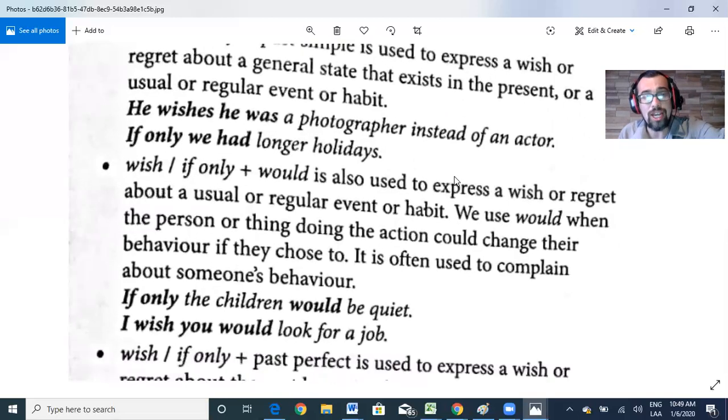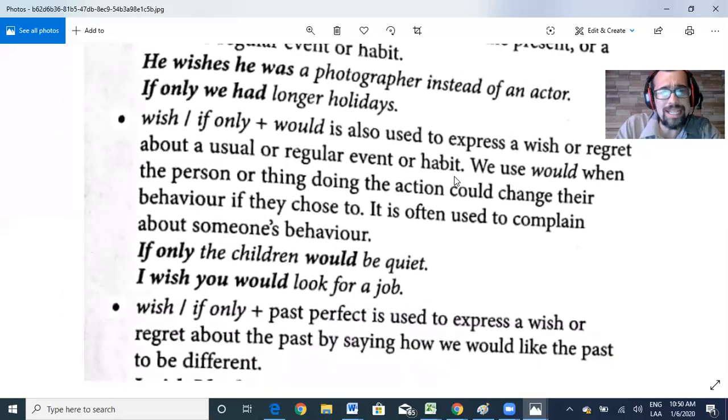Okay, let's go to the second one. This one says we use wish or if only plus would. This is used to express a wish or regret about a usual or regular event or habit. We use would when the person or thing doing the action could change their behavior if they choose to.